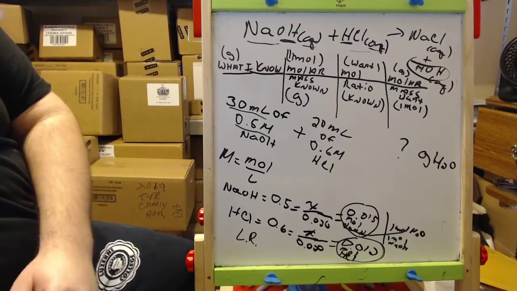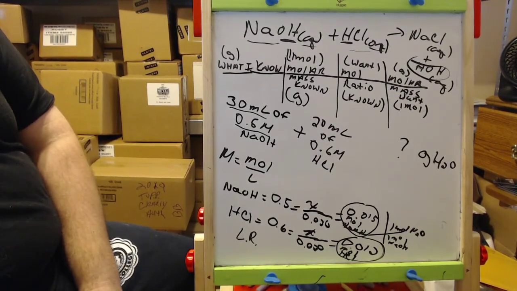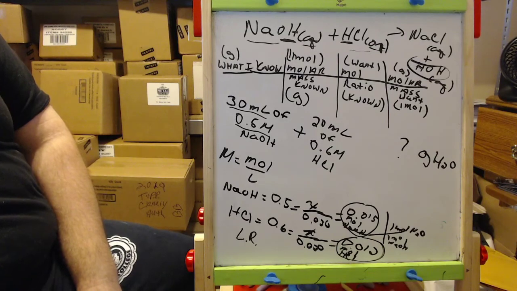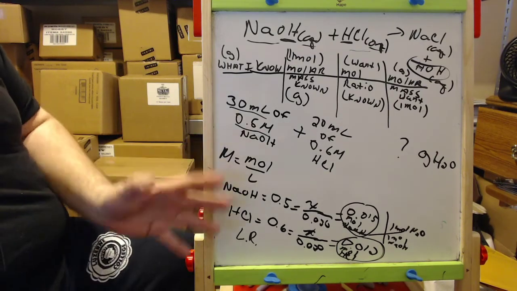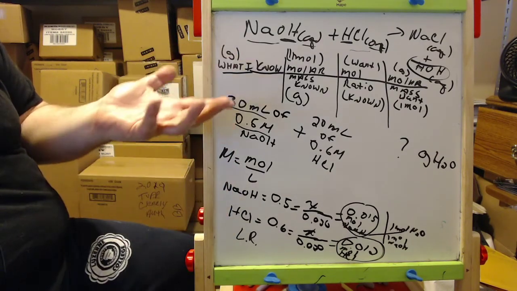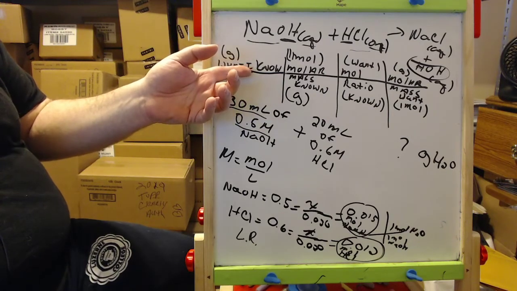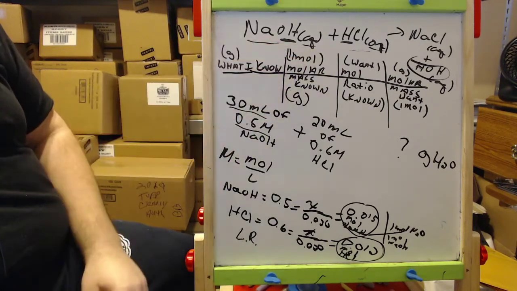Any questions so far of what I did or where I found the numbers? So it's basically doing the same thing, but instead of being given grams, you're able to find the moles and start here.